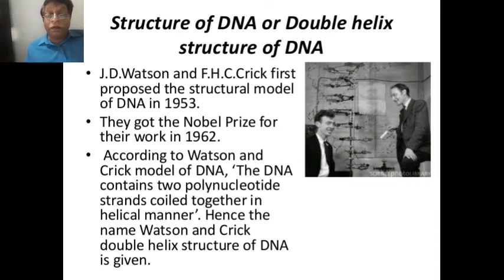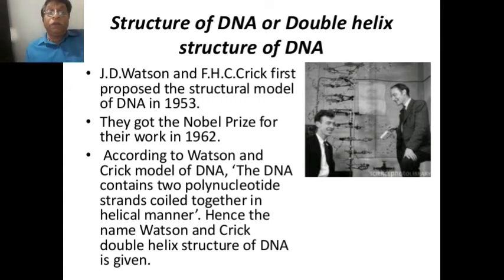Next point, the two polynucleotide chains run in anti-parallel direction, one in 5' to 3' and the other in 3' to 5' direction. That is, we can say it has polarity.